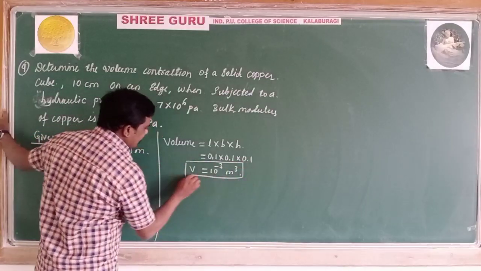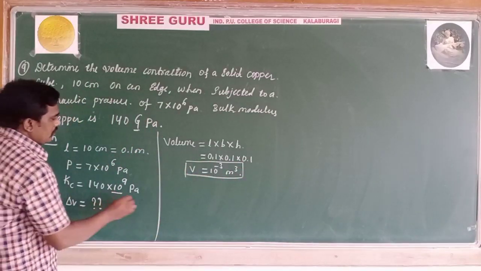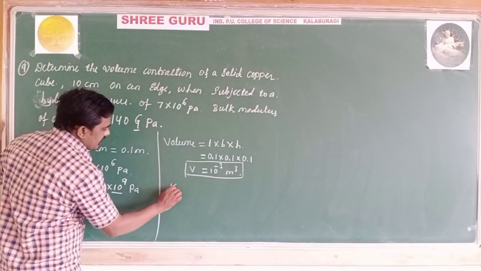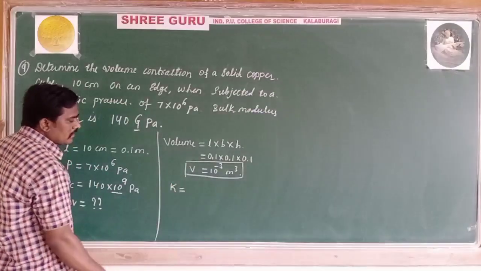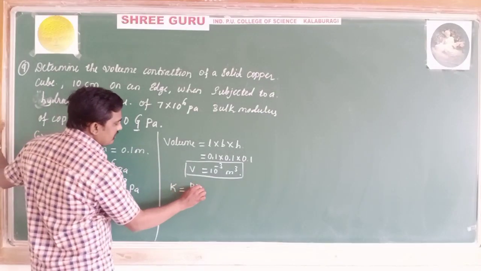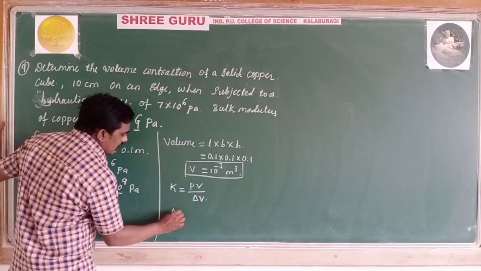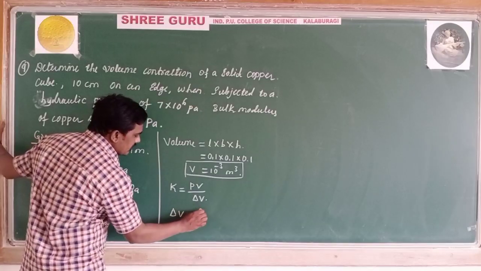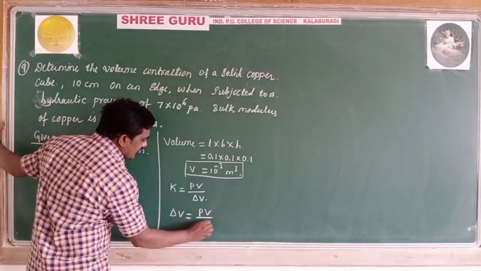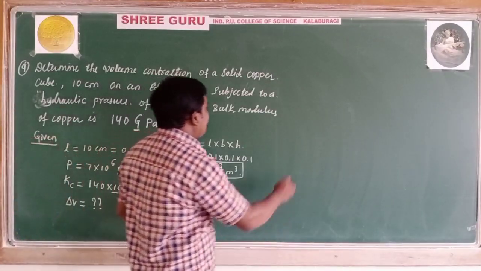To find the change in volume, what is the formula? K, the bulk modulus, is PV by delta V. We want delta V, which is equal to PV by K. Now substitute the values.